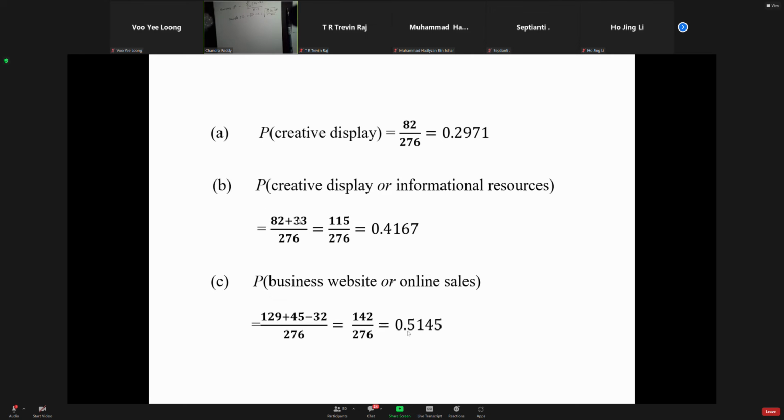So you just add up the total over the sample space. That gives you 0.4167. So probability of business website or online sales will be 0.5145. We have seen this.